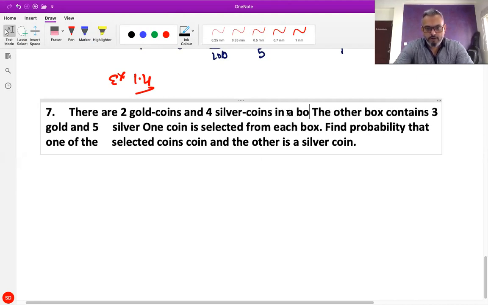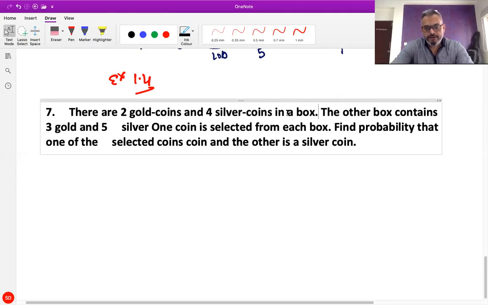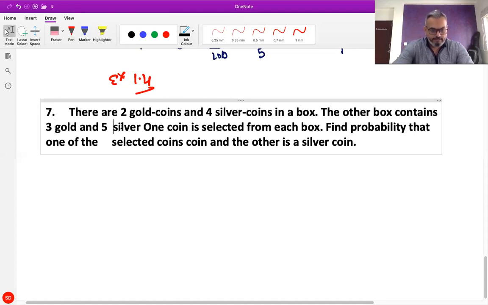The other box contains 3 gold and 5 silver coins. One coin is selected from each box.